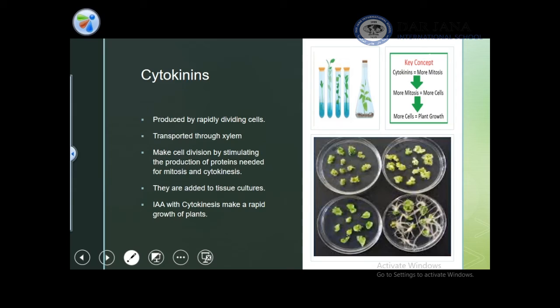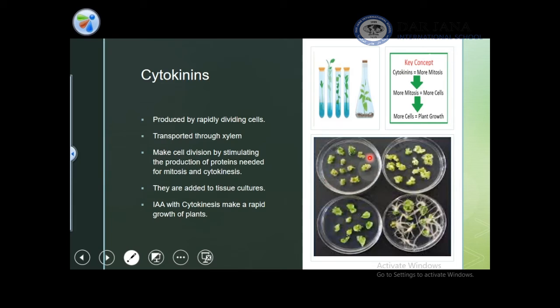Where can we find the cytokinins? Cytokinins is a hormone produced by the rapidly dividing cells, and it is transported through xylem. Cytokinins is used mostly in labs in a process called plant tissue culture, in which we take specific cells from a plant, we add them on a petri dish, and we add for sure all nutrients needed for the growth of a plant.